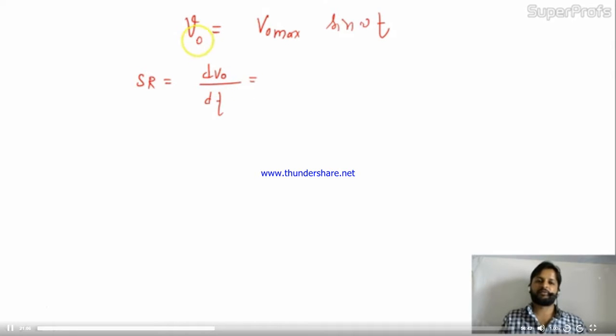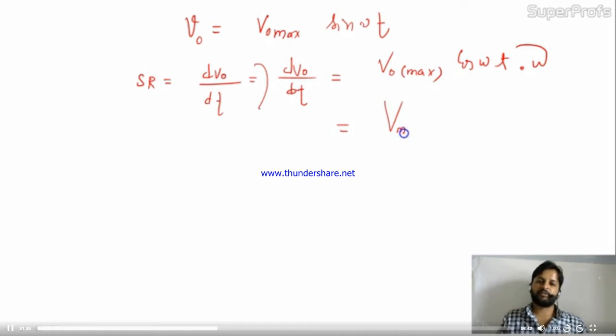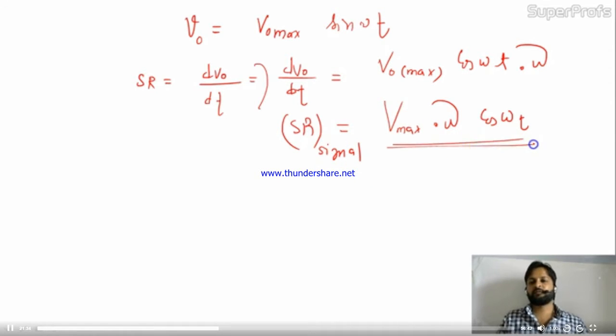So we have to differentiate it. dV0 by dt is V0 max, sin will become cos omega t into omega also. So ultimately you are getting V max into omega and cos omega t. This is the slew rate of what? Signal. Is it okay? This is the slew rate of signal.